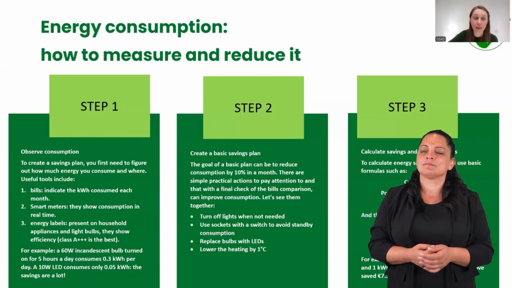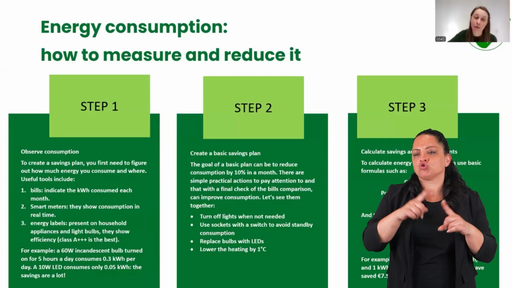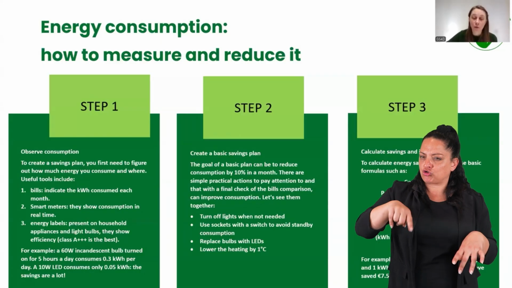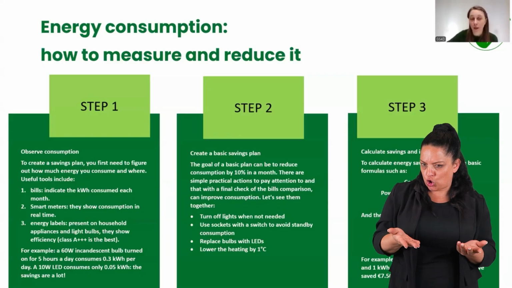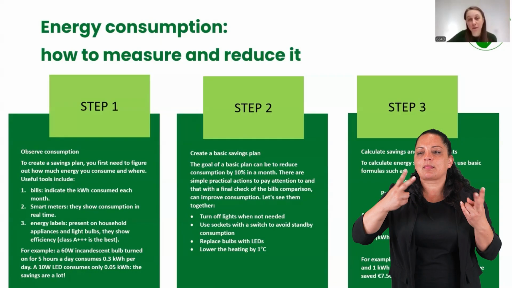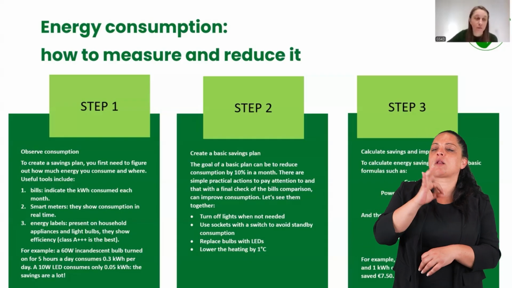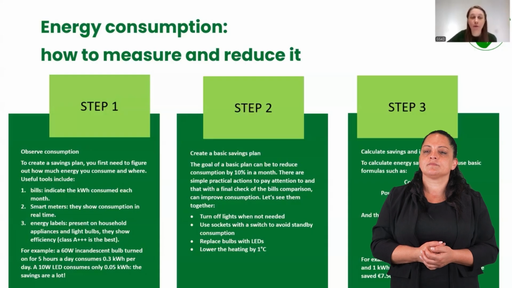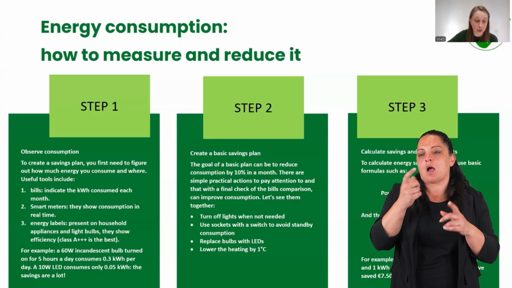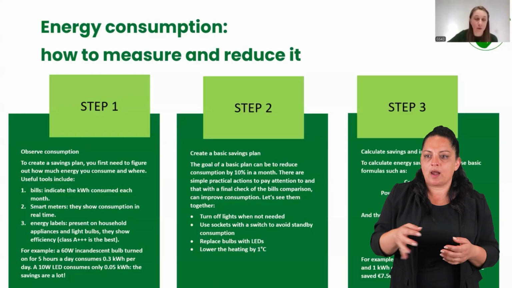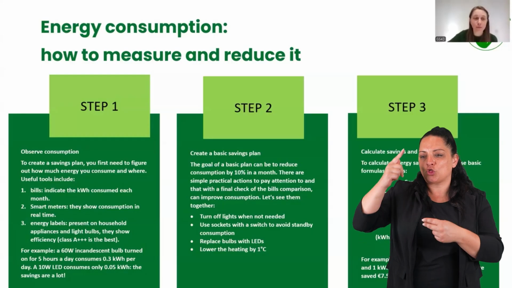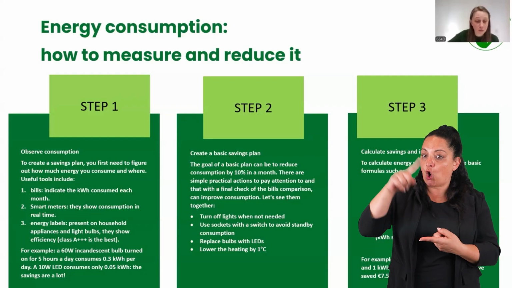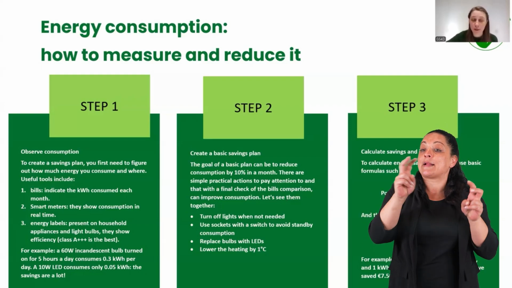Step number 1 is mainly observation. Observe the use that we make of energy in the environments in which we live, work, or that we attend. In order to observe it, we can check energy bills, but we can also have smart meters that show real-time consumption. And then we also have energy labels that we can check.